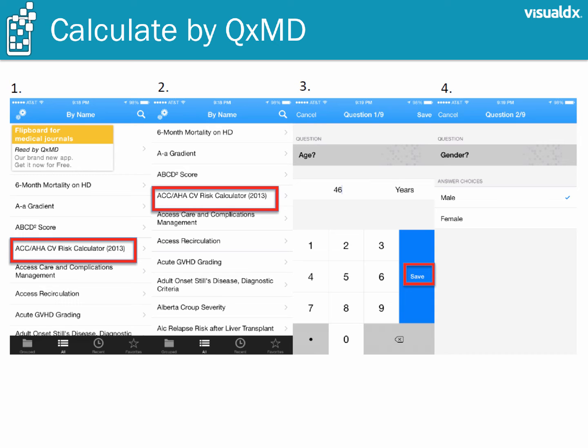And so Calculate by QxMD has many different calculators, and they just so happen to have the American College of Cardiology and American Heart Association cardiovascular risk calculator that you can plug in his age, his information, and that can spit out an answer to you as to how significant his risk is for potentially developing this, which then would open up the next step with, since this guy is a smoker, he's a diabetic, we've seen his cholesterol levels, based on his risk, should he be on further cholesterol medications.